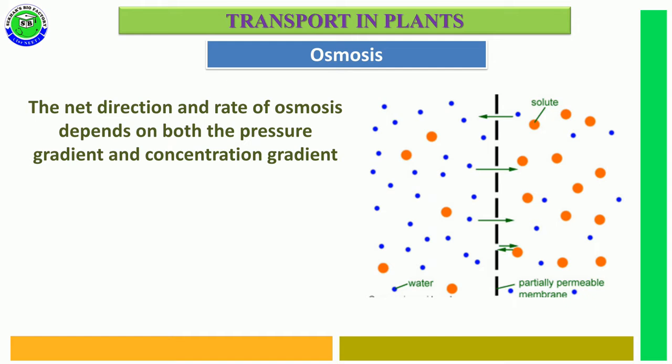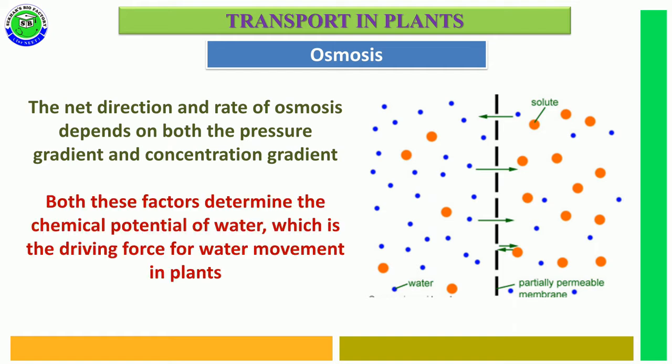Pressure gradient means difference in pressure, and concentration gradient means difference in concentration. Both these factors determine the chemical potential of water, and this chemical potential of water creates the driving force for the movement of water in a plant cell.